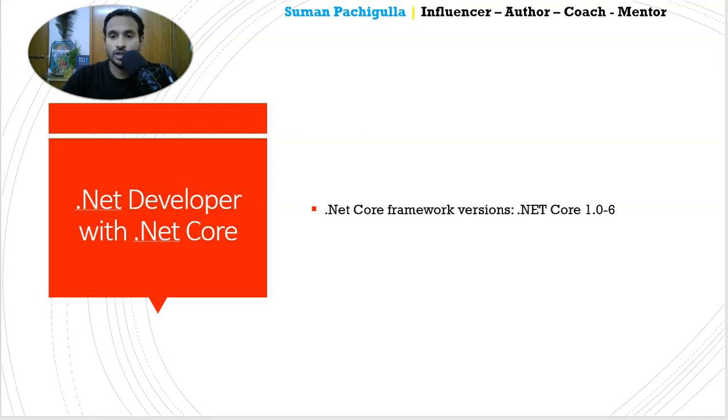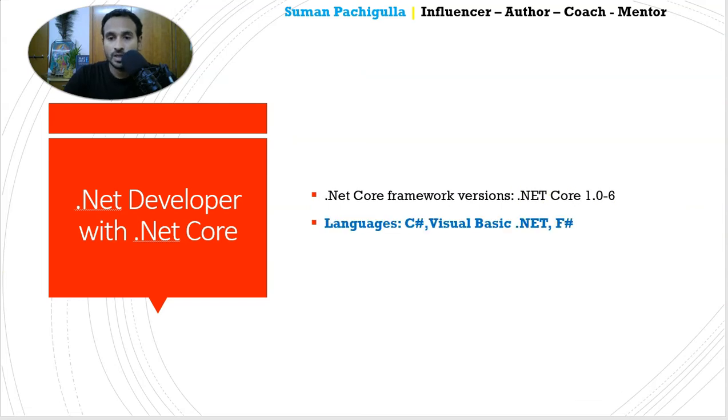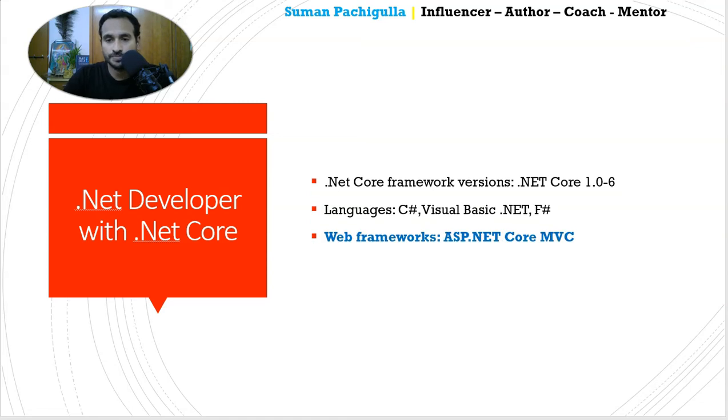.NET Core framework, at this point of time as we are talking, version 6 is available. .NET Core or ASP.NET you may see. C#, Visual Basic .NET, F#, the latest versions of these are used in .NET Core. For web development, they use ASP.NET Core with the MVC framework.